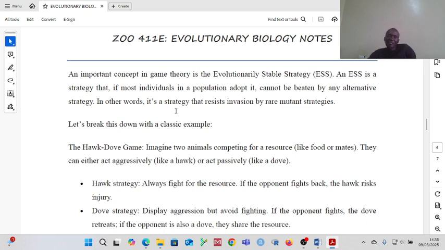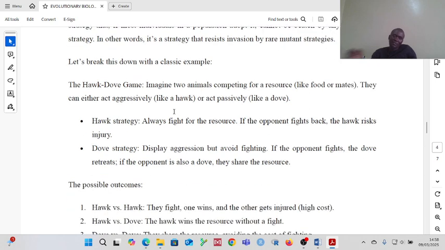So let's break down the game theory a bit more. There is what we call the hawk-dove game, where you imagine there are two animals competing for a resource. Okay? So a hawk, you know the bird that catches chickens and chicks. Then the dove, I do not know what it is called in Kiswahili, but it is a very humble animal.